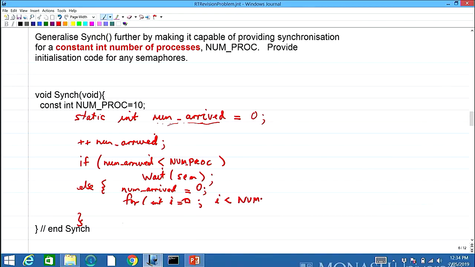Numproc minus 1 actually. So we've got to do 9 what? What are we going to do 9 times? Signal, that's right. Signal on the semaphore.